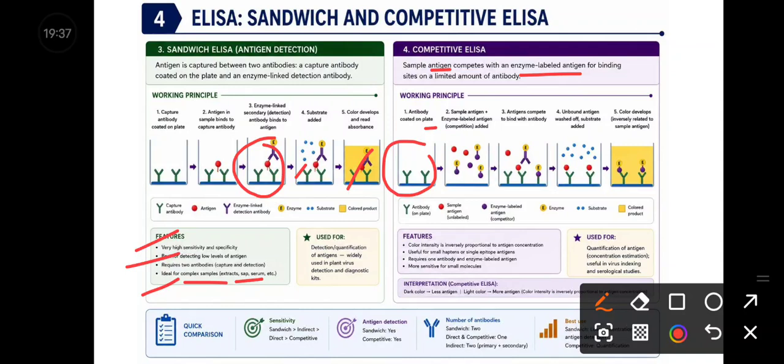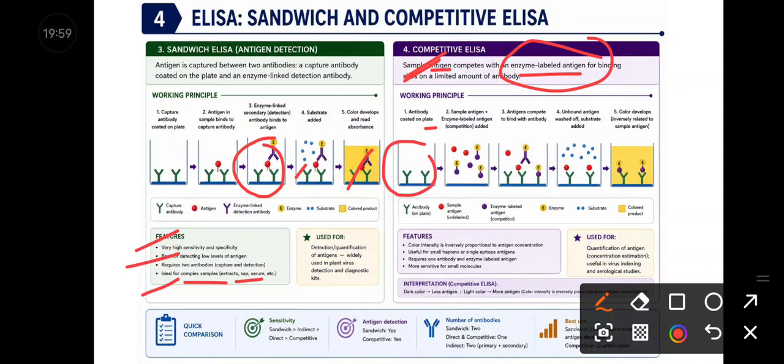So what happens? They will compete for the binding site. So if you get more color, it means our enzyme-linked antigen is more present, and our sample antigen is less.